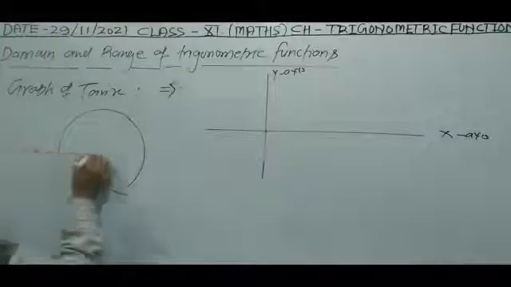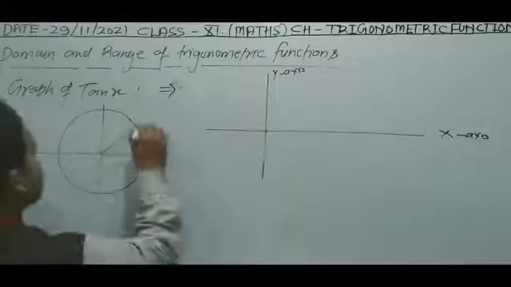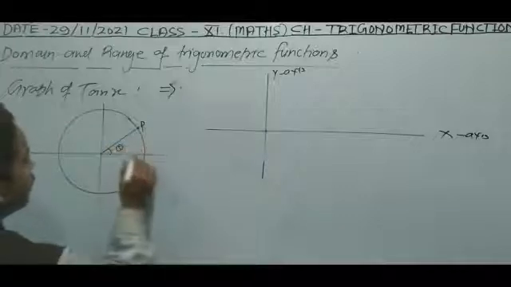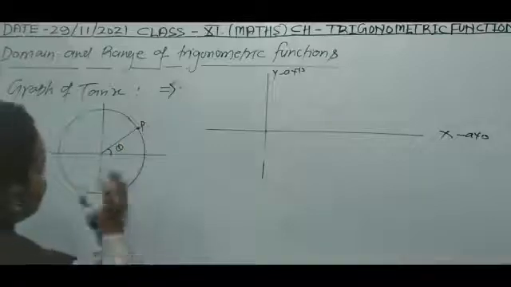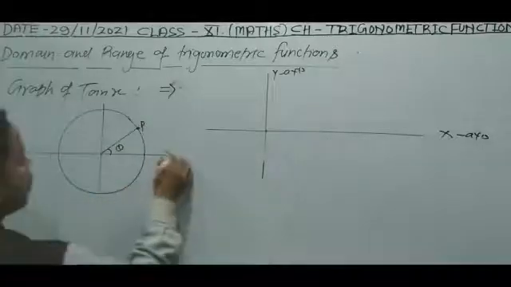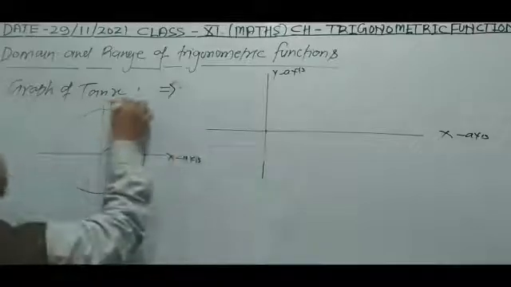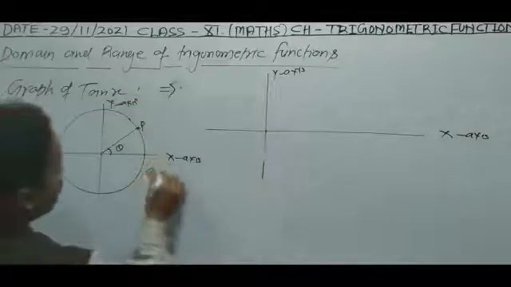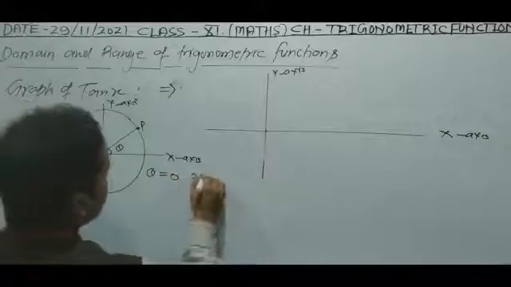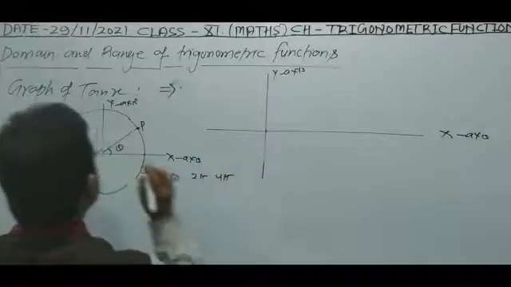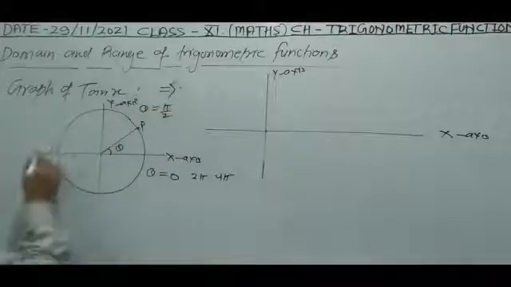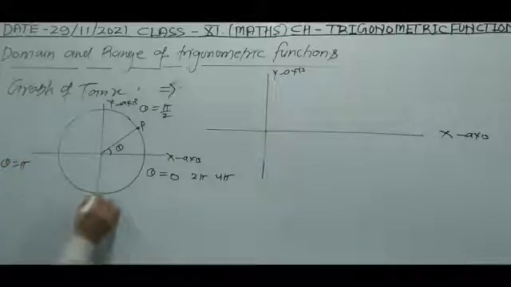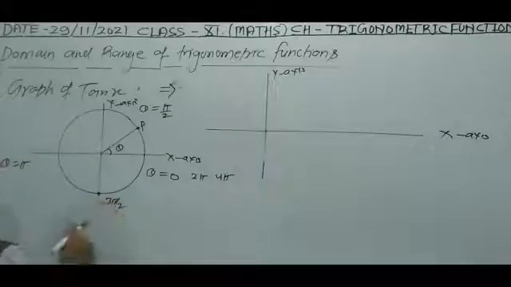On the circular motion of a point, you will see this angle theta, for acute or obtuse. At this point theta is equal to 0, this is 2 pi, this is 4 pi, and this is theta equal to pi by 2, this is pi, and this is 3 pi by 2. So at multiples of pi by 2 you will get infinity.